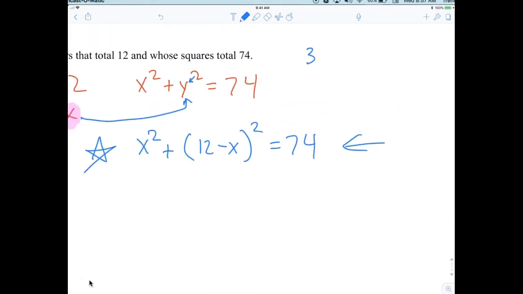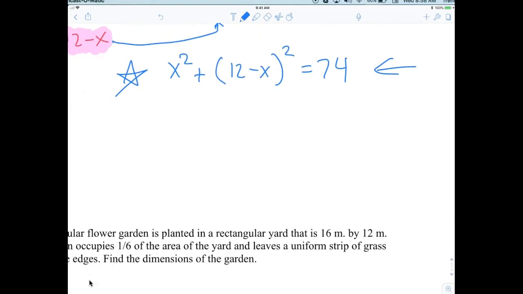If I say 3 plus 4, squared, that's not 3 squared plus 4 squared. Those things are not equal. So again, you have to expand that. What I mean by that is this. X squared plus 12 minus x times 12 minus x equals 74. Yes, this is the hard one. All right, pay attention.